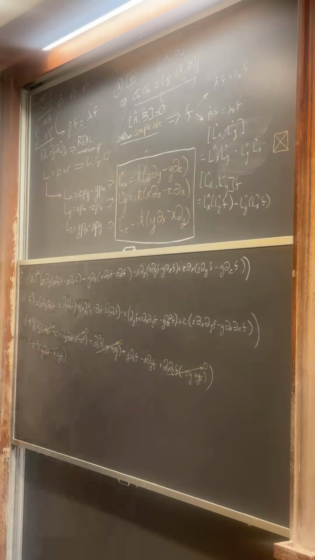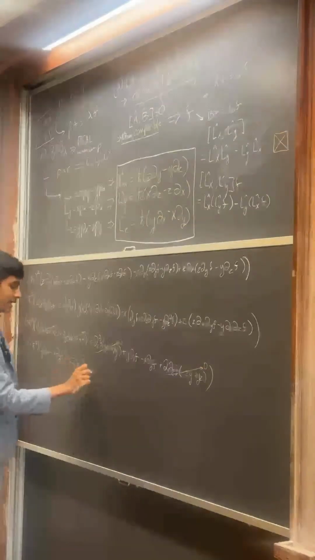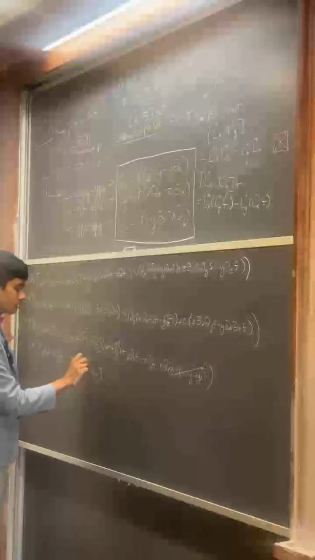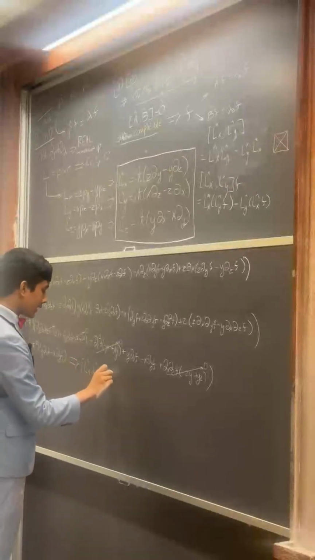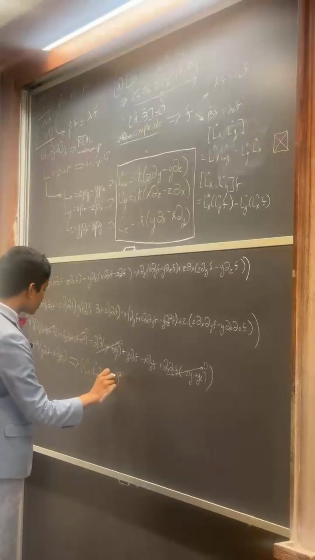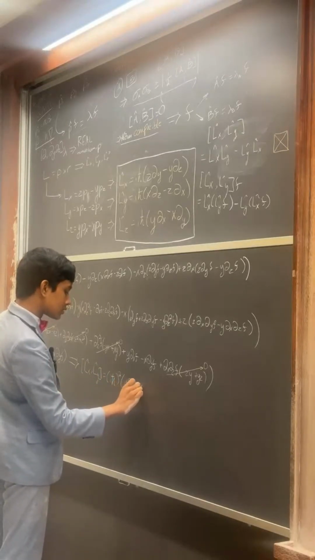We exclude the f. That means the commutator of Lx and Ly is i h bar squared multiplied by y partial x minus x partial y.